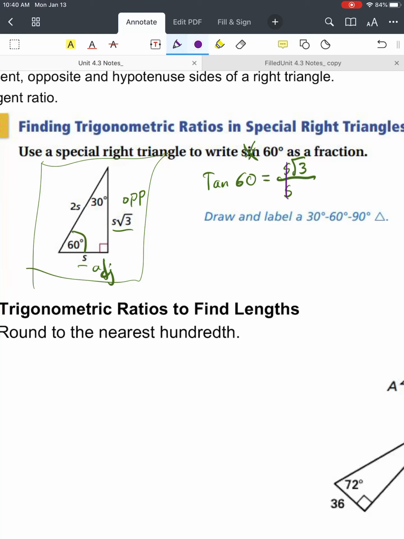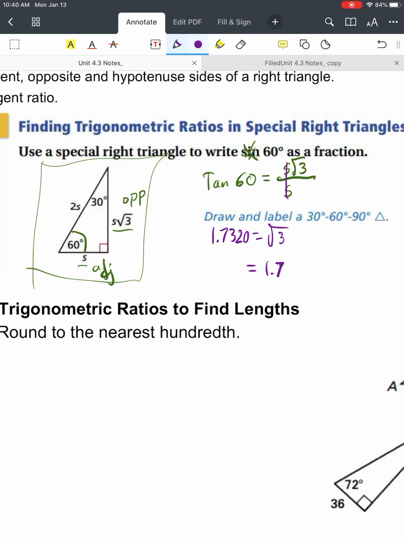So if we cancel those s's, because if I multiply and divide by an s, they would just go away. We would be left with the square root of 3 on that side. When I do the tangent of 60, the tangent of 60 is about 1.732. The decimal keeps going on and on. It's irrational. Actually, what we find is that the square root of 3 is also that same decimal.